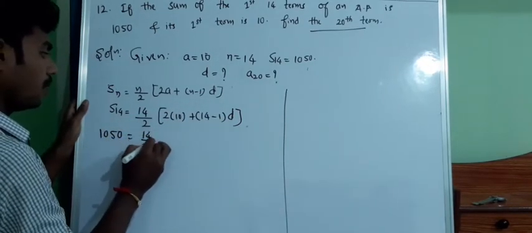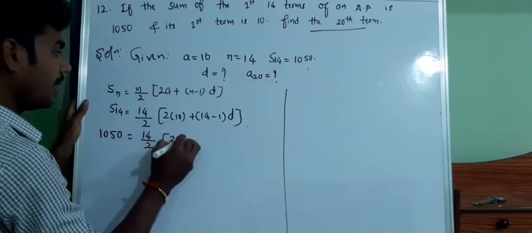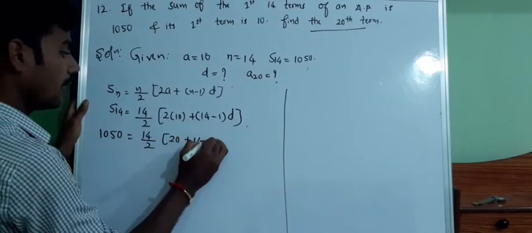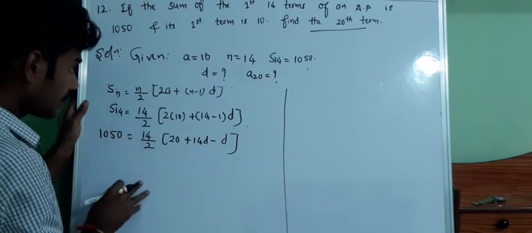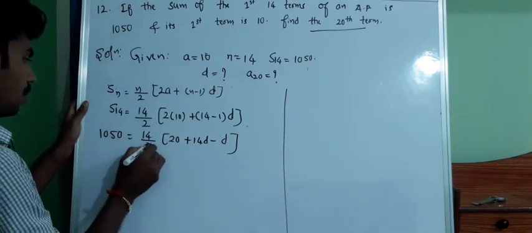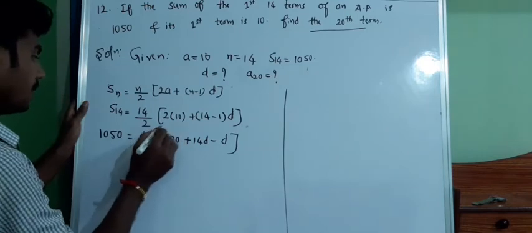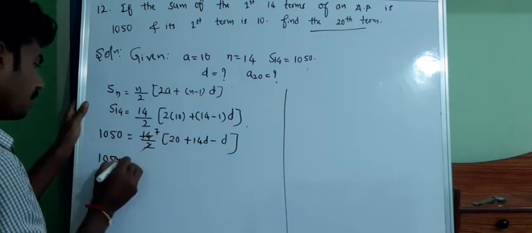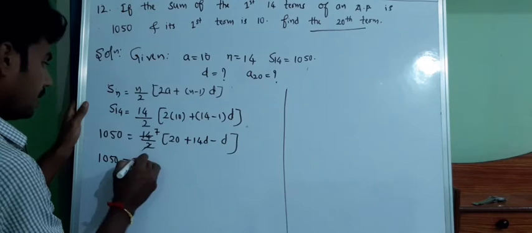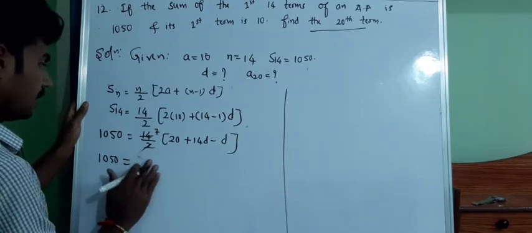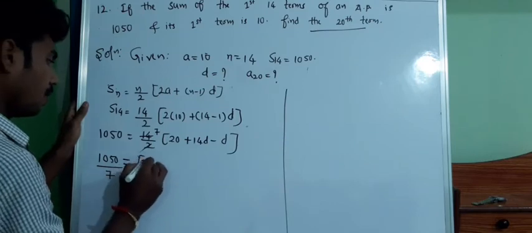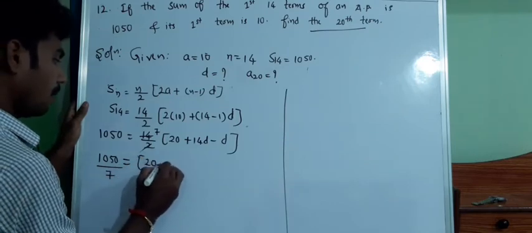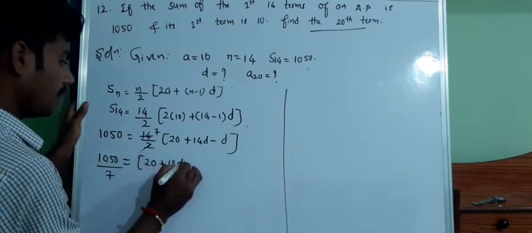So 14 divided by 2 into 2 tens are 20 plus 14D minus D. Now 2 ones are 2, 7s are 1050. I'll keep it as it is, and transfer the 7 to the denominator. So 20 plus 13D is left with us.